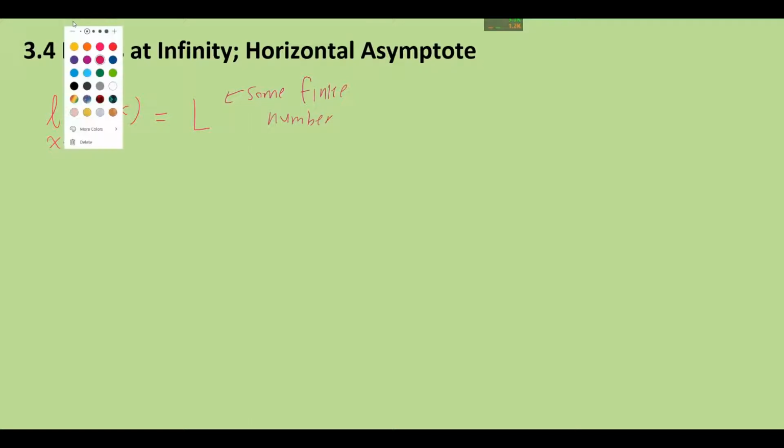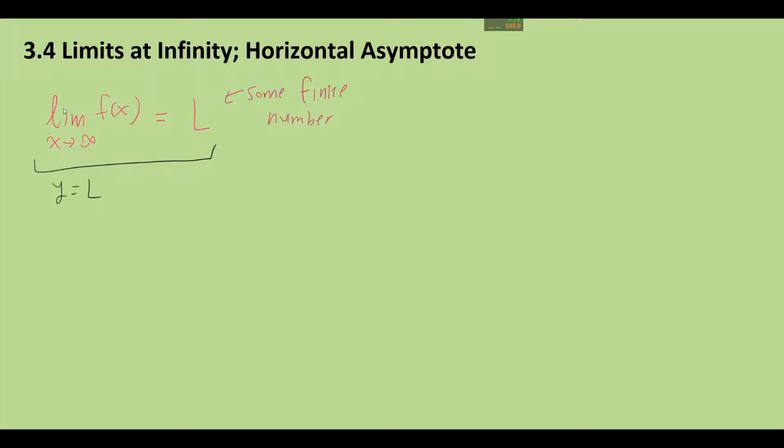Then what we can say from this is that y equal to L, the horizontal line, is a horizontal asymptote of f of x.